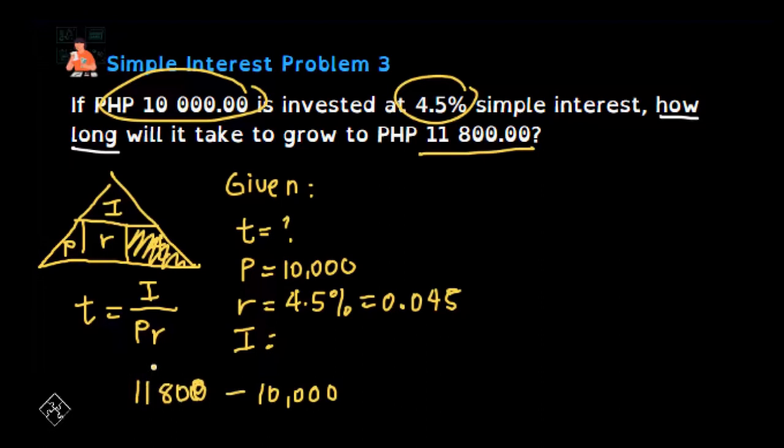That should be the maturity amount. Minus the principal amount. Ayan yung interest natin. So, ito yung formula dyan, ha. I is equal to A minus P. A is the maturity amount. P is the principal amount. Okay? Para malaman mo kung magkano yung tinubo mo. No? So, 11,800 minus 10,000, that is 1,800. So, yan yung interest mo.